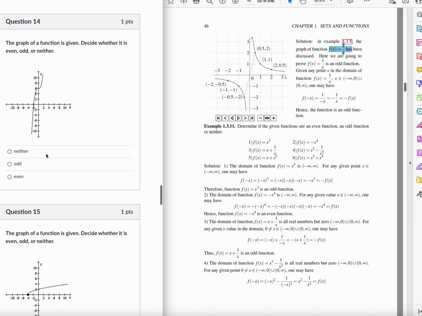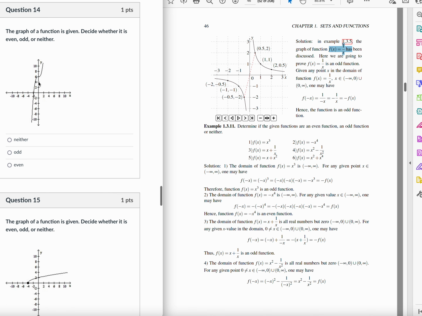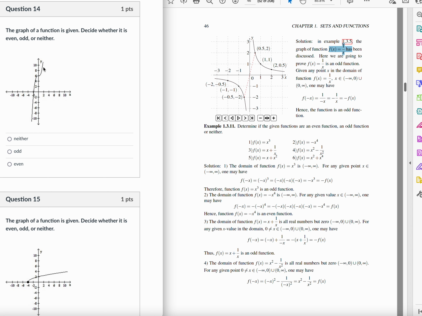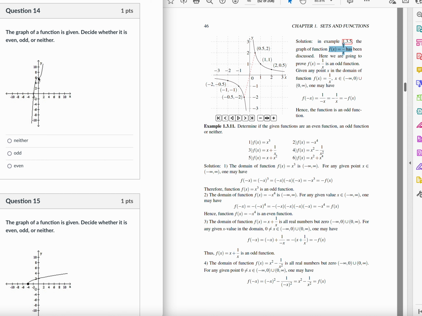Now, this one, this graph is very clear that one side is not the mirror image of the other side. For example, this branch, if it were even, then there should be another part like this. But the left-hand side of the y-axis is going down. So this is not an even function.